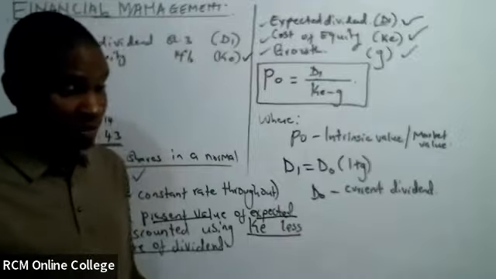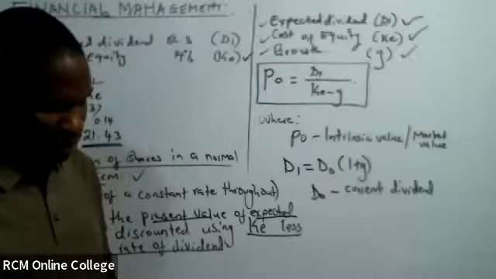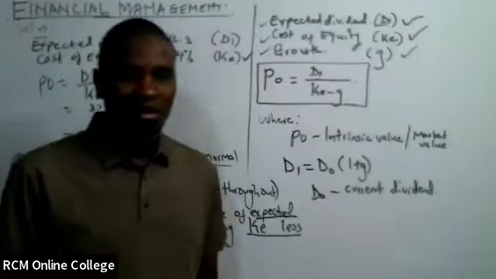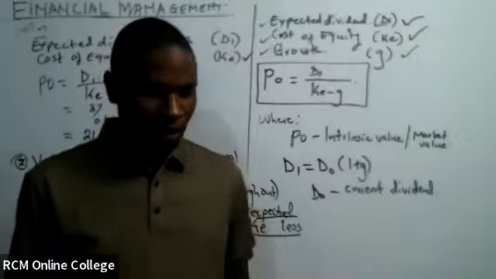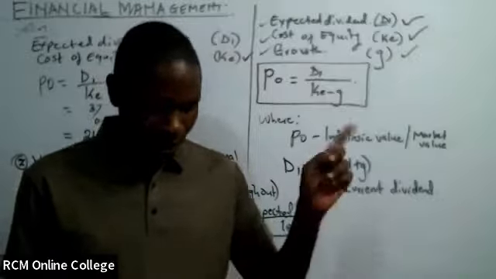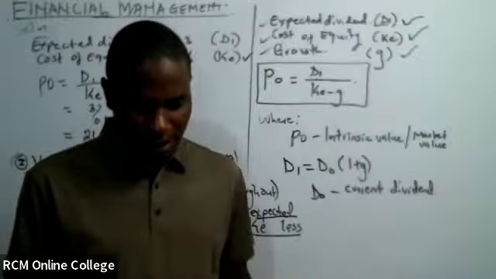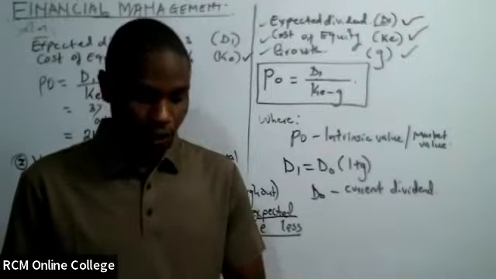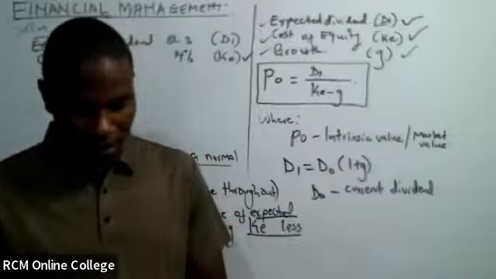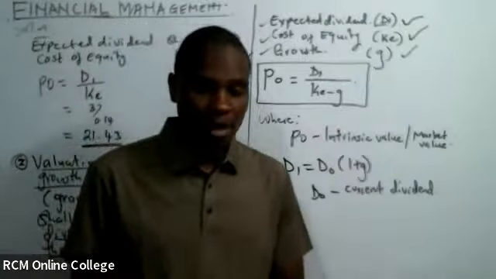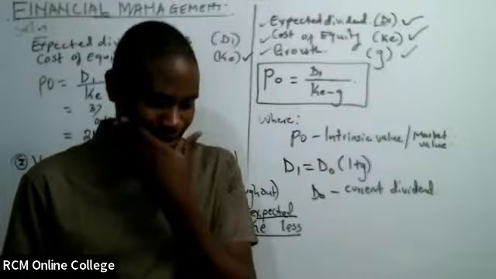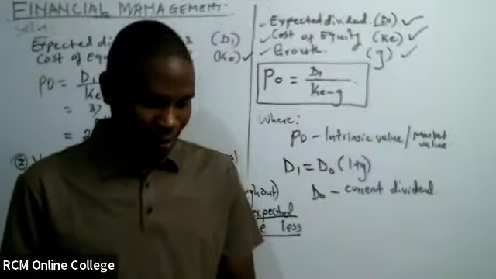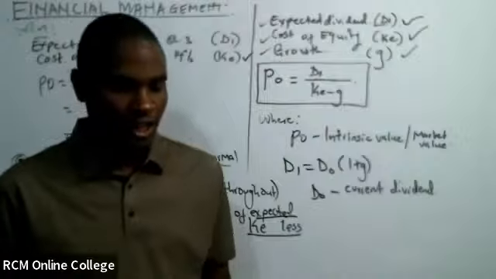So for the sake of anyone who missed the question, let me repeat. A company has just paid a dividend of 4 shillings, which grows at a constant rate of 6% per annum, and the cost of equity is 10%. Required: calculate the market value of the shares.